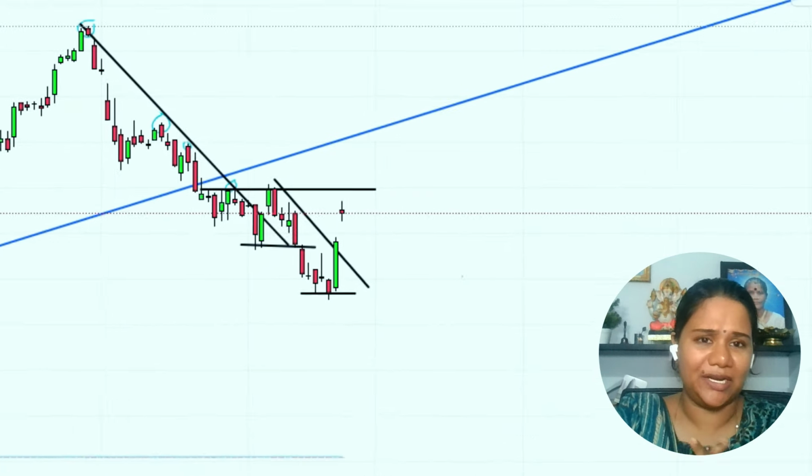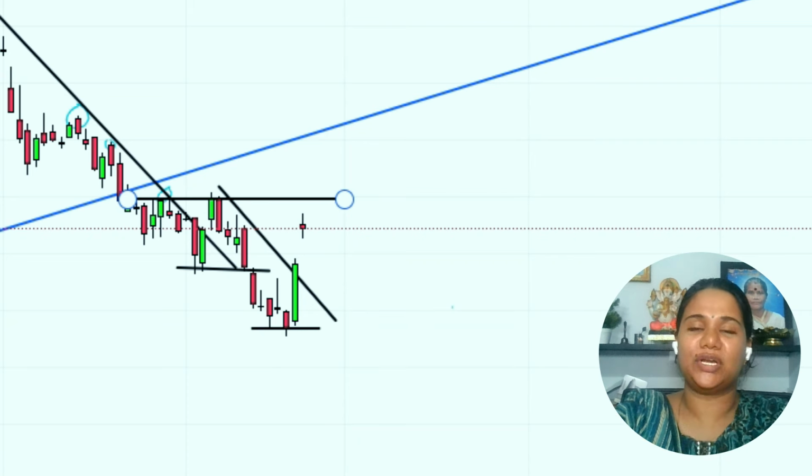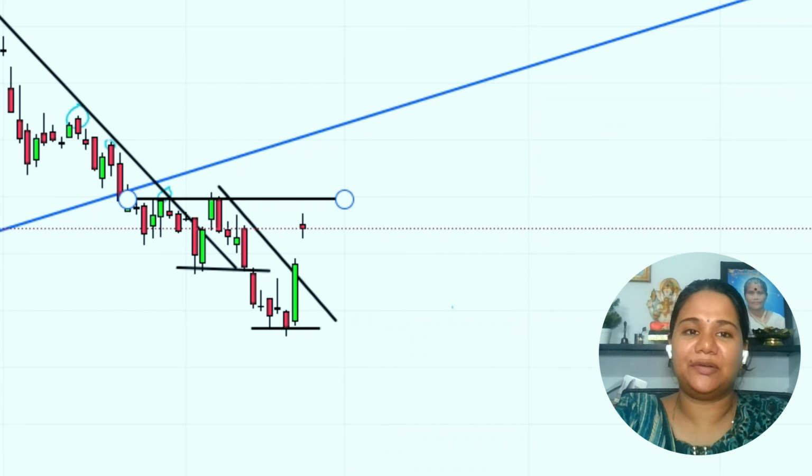And today's candle almost looks like it's close to the previous resistance, therefore indicating that Nifty currently is in a sideways trend. And we are expecting the price to go higher.